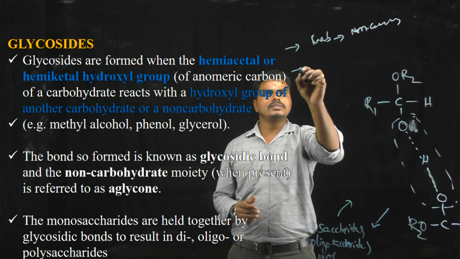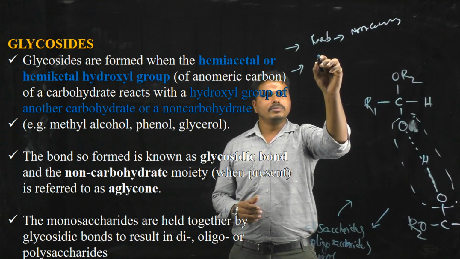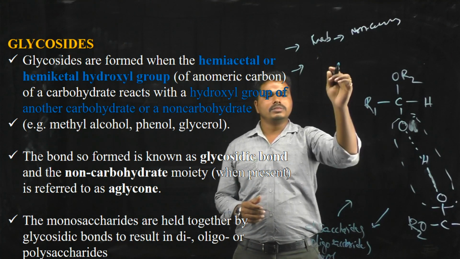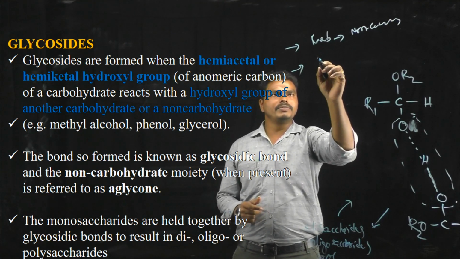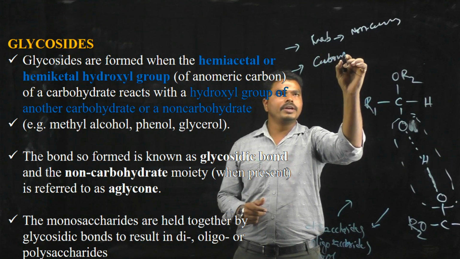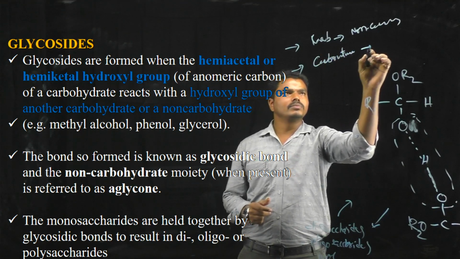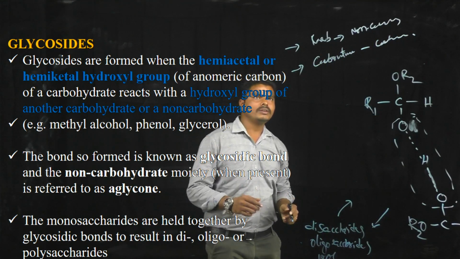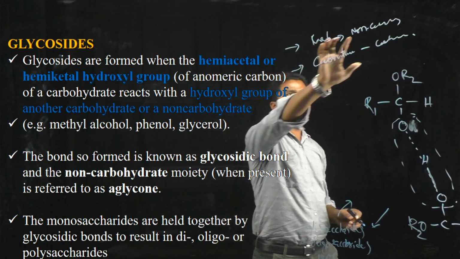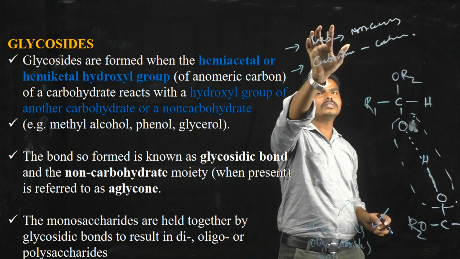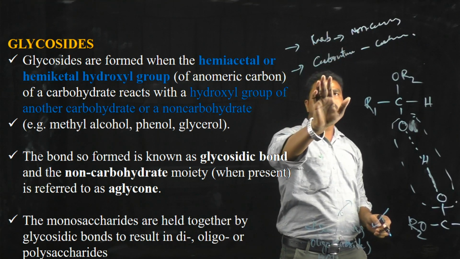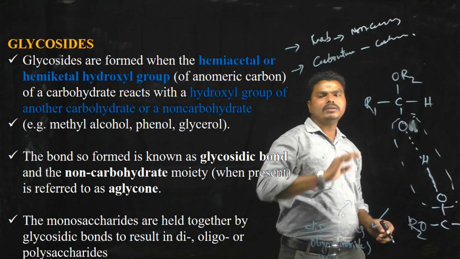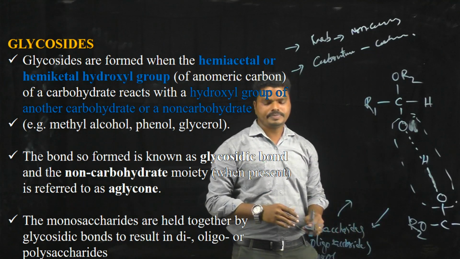And the other one is where the glycosidic bond is present between carbohydrate moieties. So there are two types of glycosides. The first is a carbohydrate and non-carbohydrate held together by the glycosidic bond, and the other is where both carbohydrate moieties are held together by the glycosidic bond.